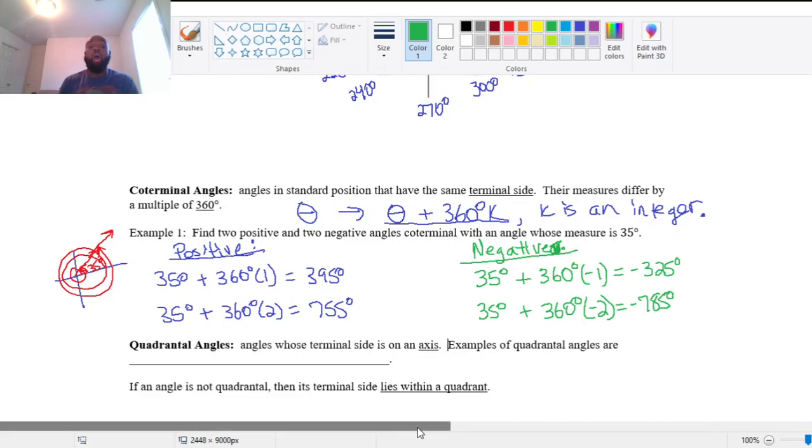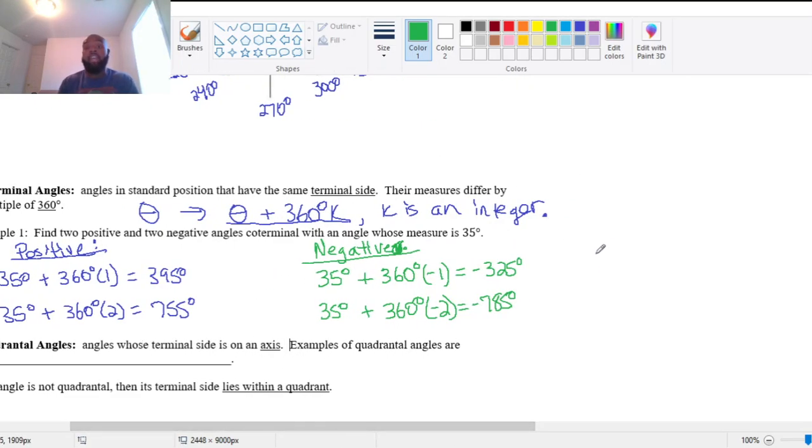And so if I were to draw these two angles here, remember my 35-degree angle is here, for instance. If I wanted a negative 325-degree angle in my XY plane, instead of my rotation going counterclockwise, I'm going to go clockwise from my positive x-axis, and a negative 325-degree angle will have the same terminal side, but the rotation, since it's negative, is in the opposite direction. I subtracted 360 degrees and I got to that point right there. Remember, this part right here is the 35 degrees that I started with.